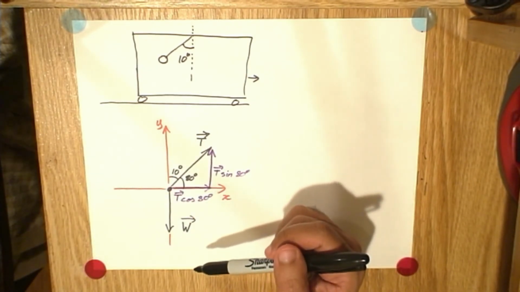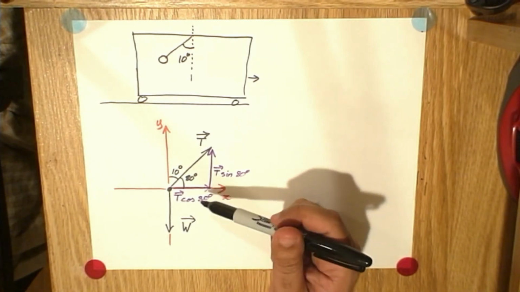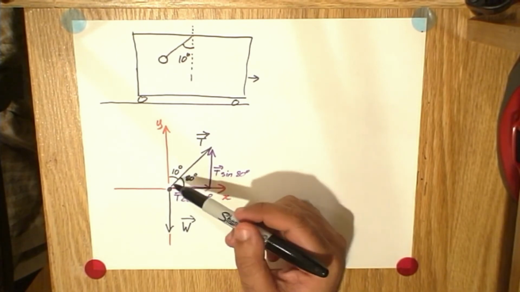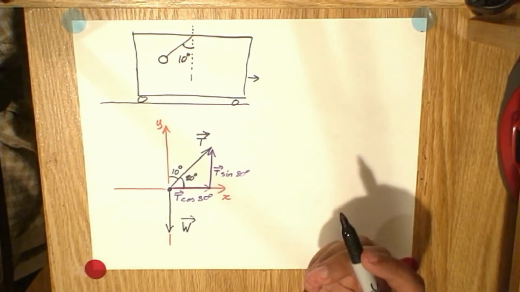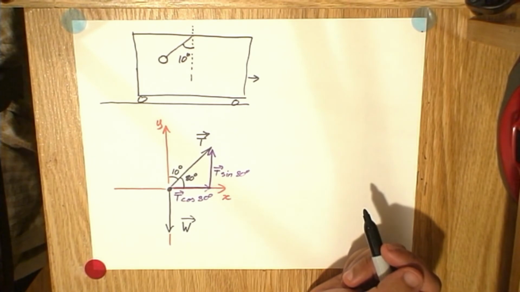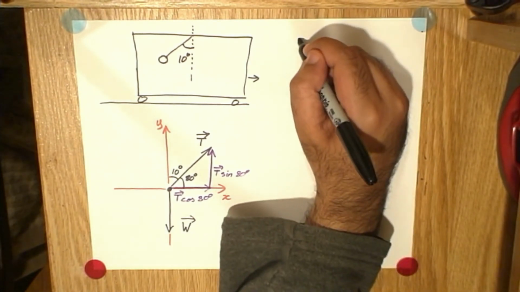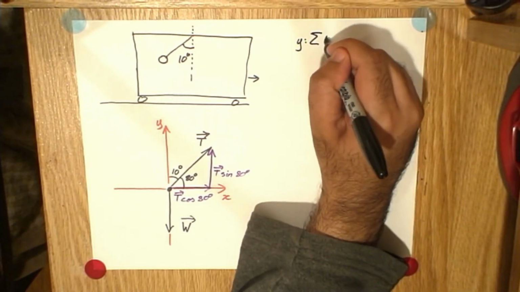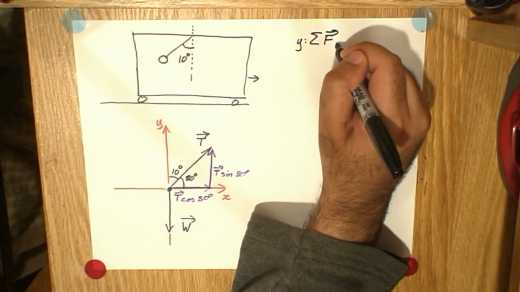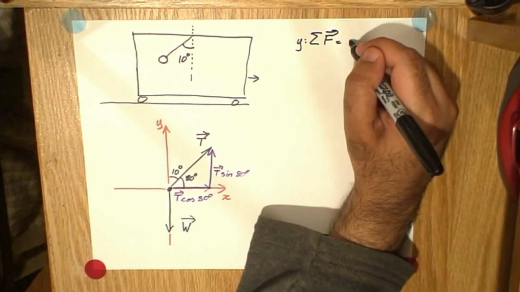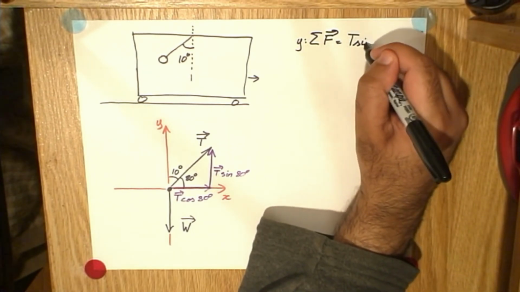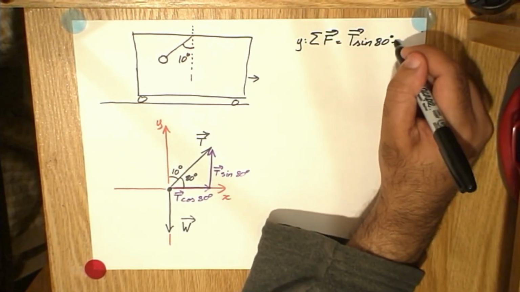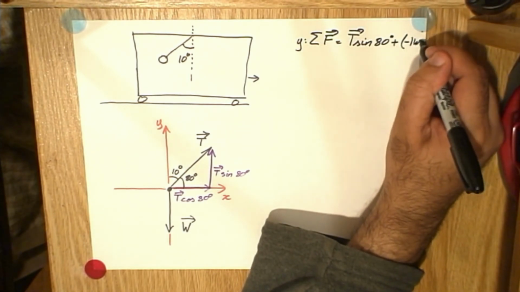We'll need to do this because right now we don't have enough information about the tension in order to figure out what the acceleration is. So first we must figure out what the tension is, and only then we can figure out the acceleration. In the y direction, there are two forces acting. There is tension sine 80 degrees, which is pointed up, and the weight force pointed down.